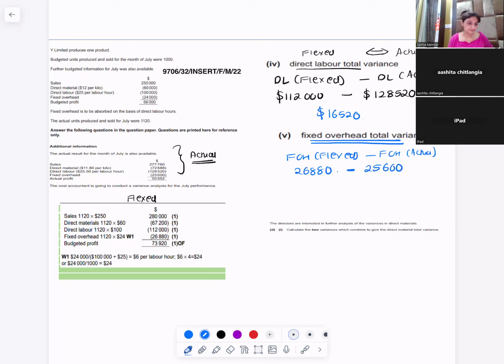So this is favorable because you spent less than you were supposed to spend. But don't forget to write the sign. So it is favorable by $1,280.